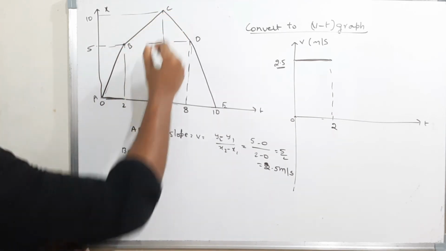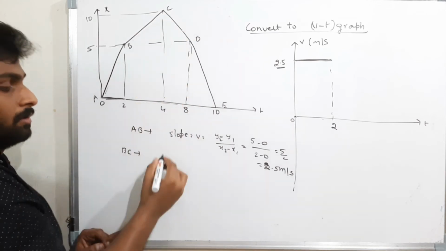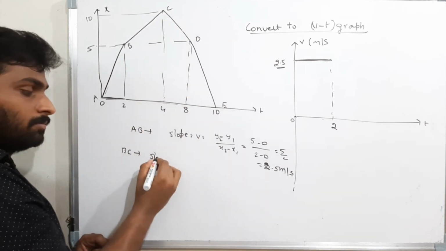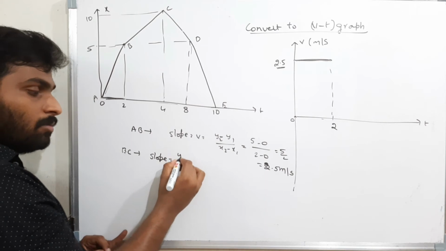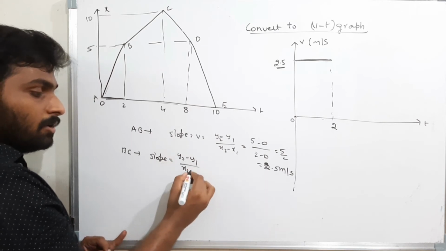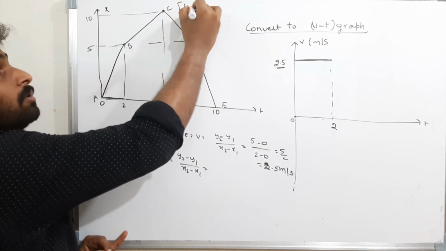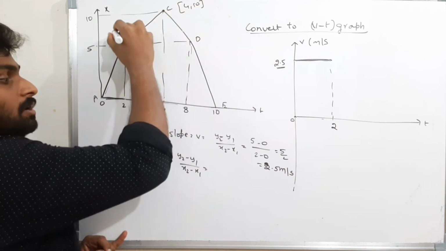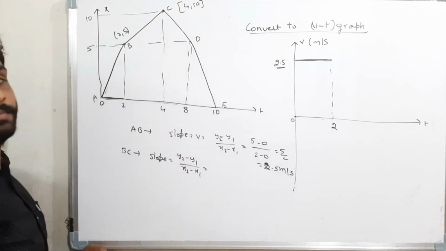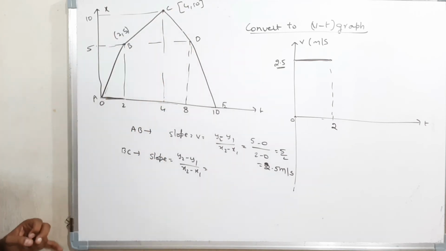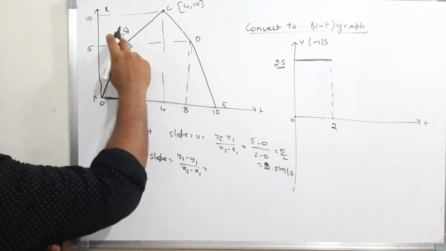Okay. From B to C, this is also a straight line. Now what is the slope of that? Slope is equal to the same formula, y2 minus y1 by x2 minus x1. What are the coordinates? The coordinates are 4, 10 and here 2, 5. These are x2, y2, x1, y1.